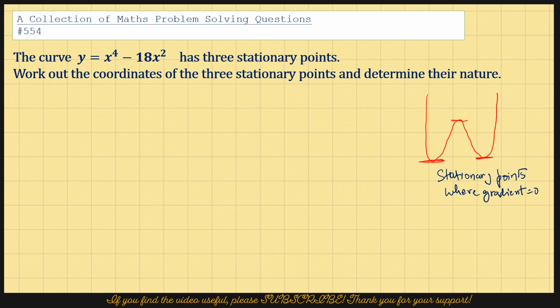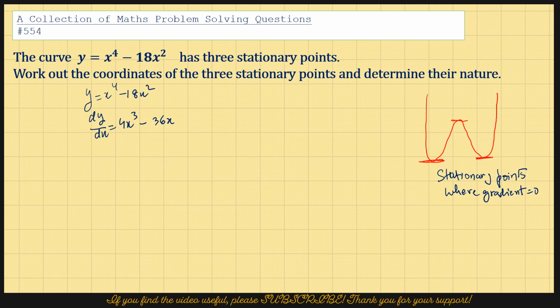is 0, so therefore, if we differentiate the equation, so we have y equals x to the power 4 minus 18x squared. So differentiating with respect to x, we get 4x cubed minus 18 times 2 is 36x.